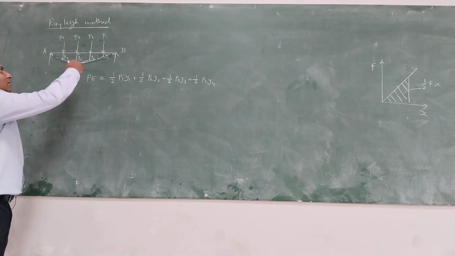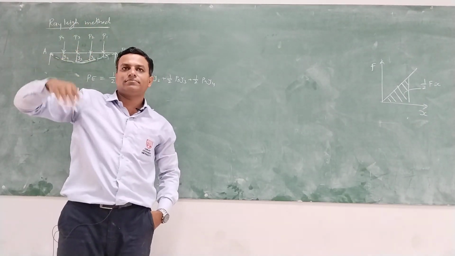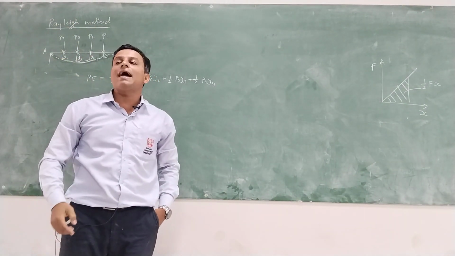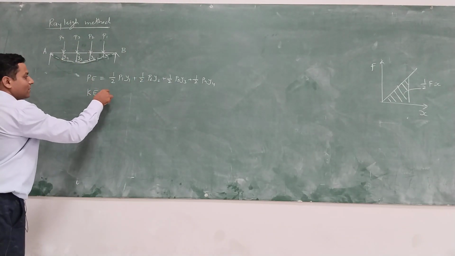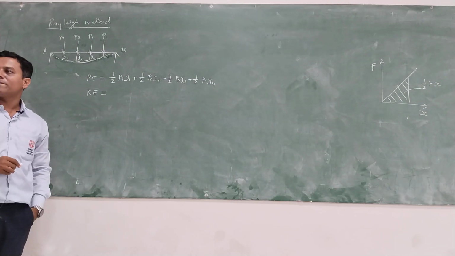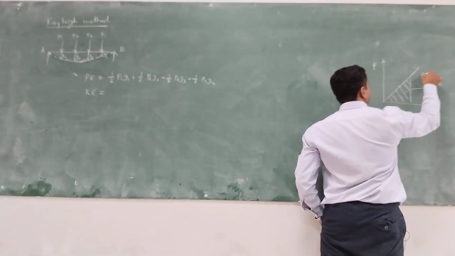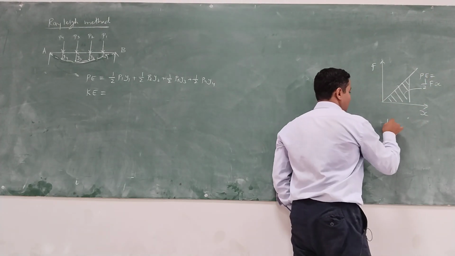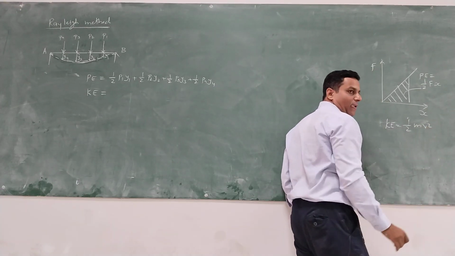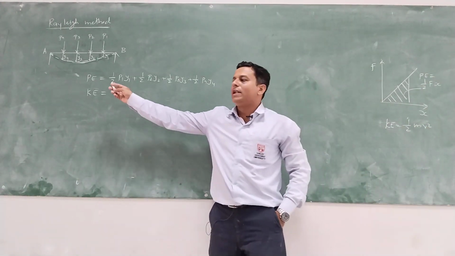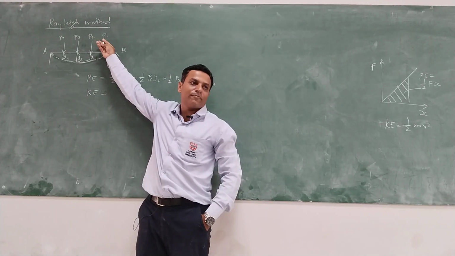Now suppose because of this, the system starts to vibrate. Then the kinetic energy of this system will be given by, what is the formula of kinetic energy? That was the formula of potential energy. Kinetic energy is equal to 1/2 mv square. Whenever you represent force, it will be in Newton.